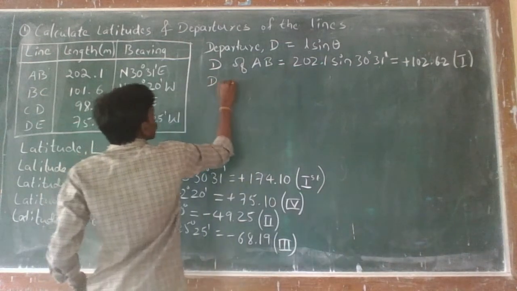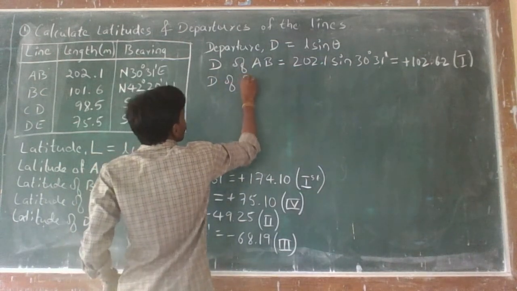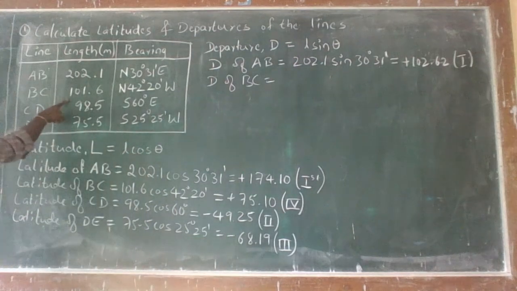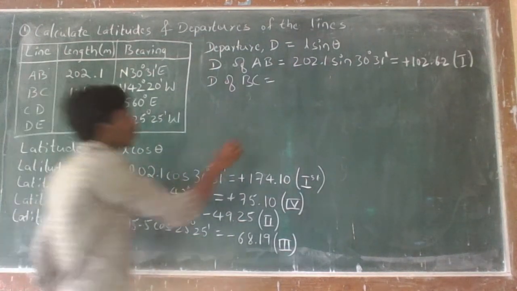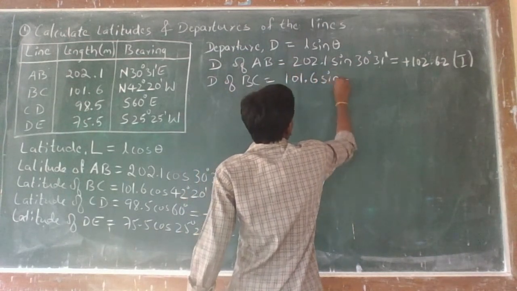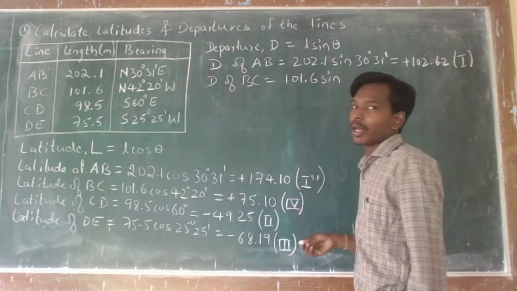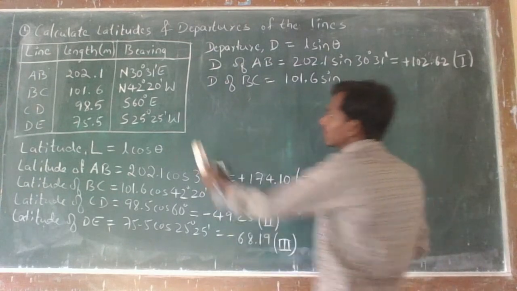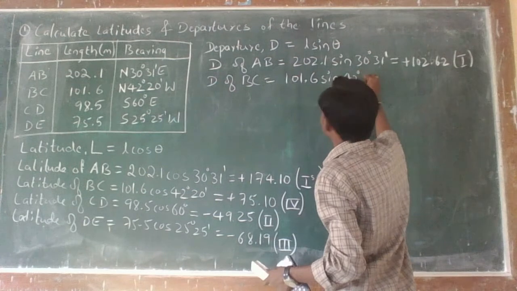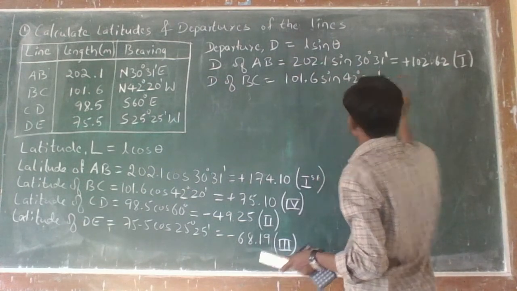Now the departure of BC. The length of line BC is 101.6. So 101.6 sin, the bearing of the line BC is 42 degrees 20 minutes.